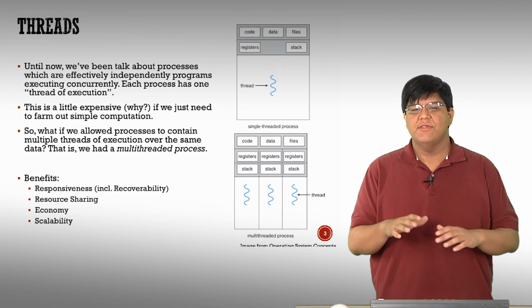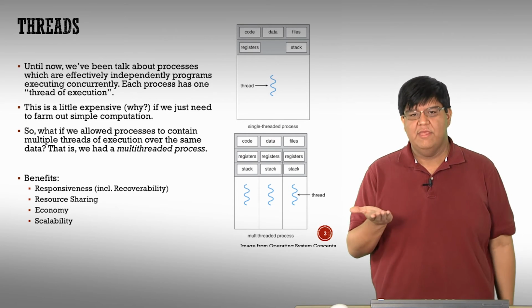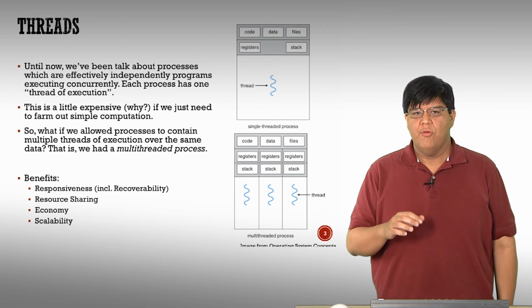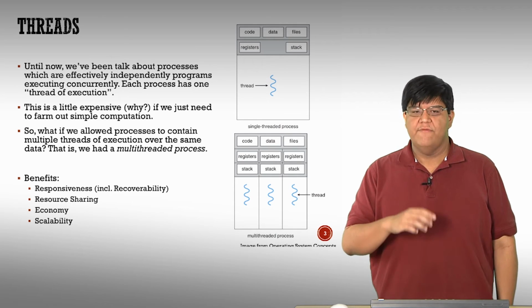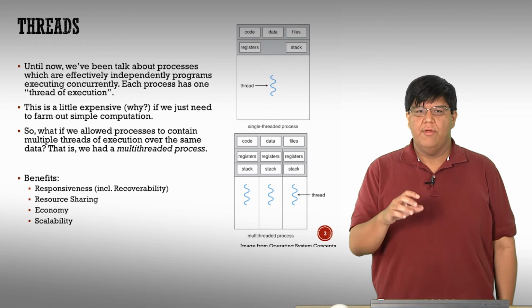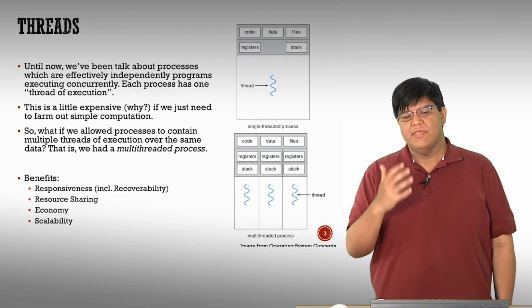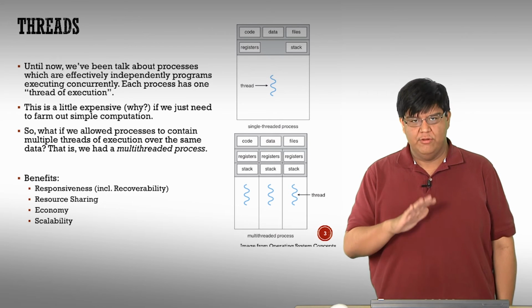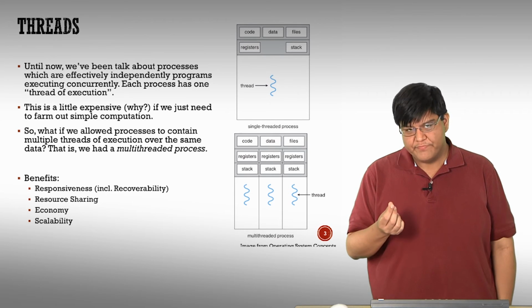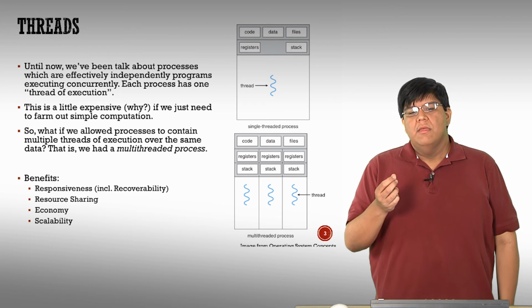Your program was stuck, you couldn't do any work. Well, these days, you think about something like Chrome. Chrome has a thread for each of those tabs. So even if one freezes up, you can jump to another one. And it's a different kind of program that's running. So you can go and do other stuff at the same time instead of having that whole web browser freeze out and no longer be any good.